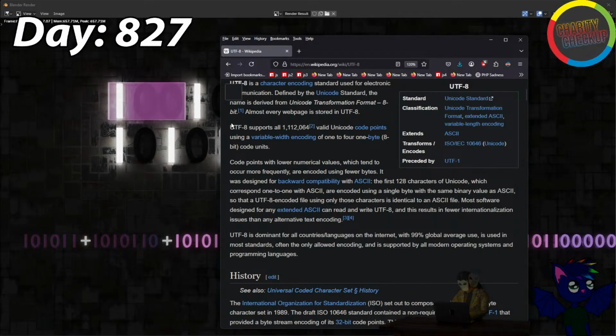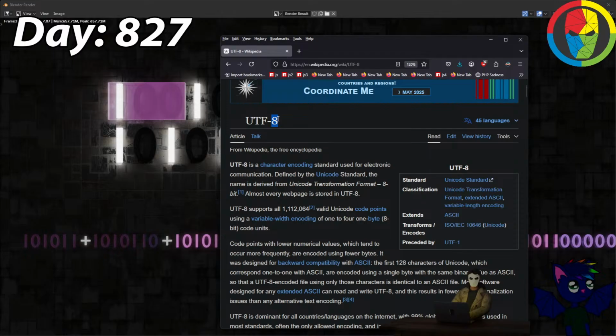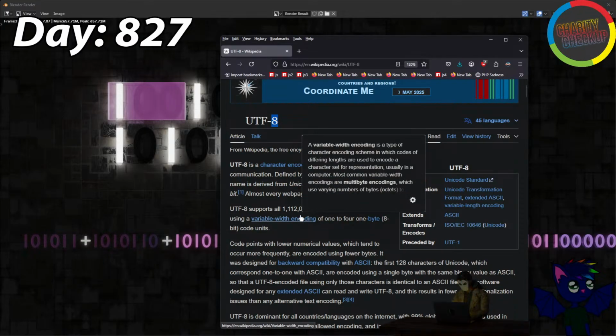This one? It is not ASCII. Wait, does the 8 in UTF-8 stand for 8 bits or bytes? Variable width encoding. Bits. Then I'm sorry, but like, encoded characters of representation.